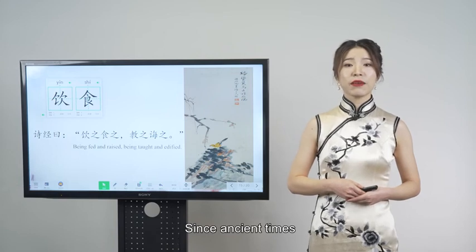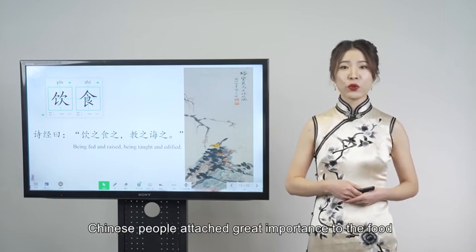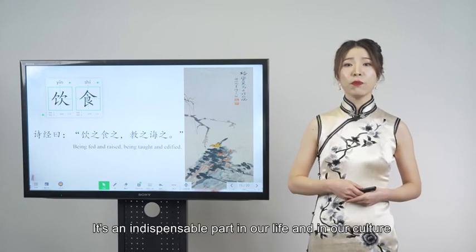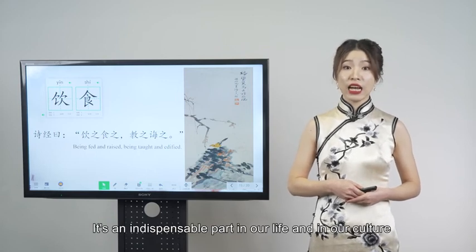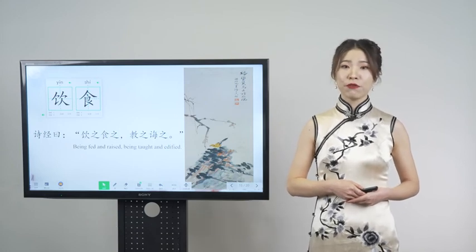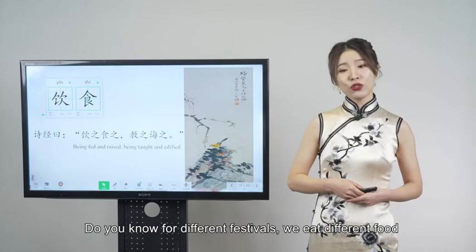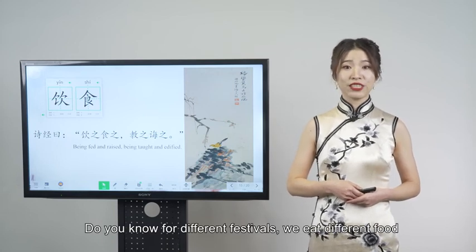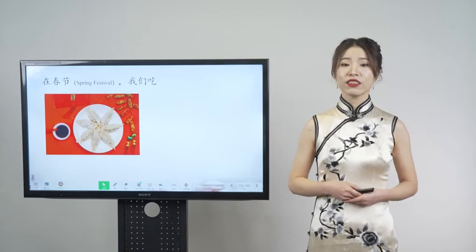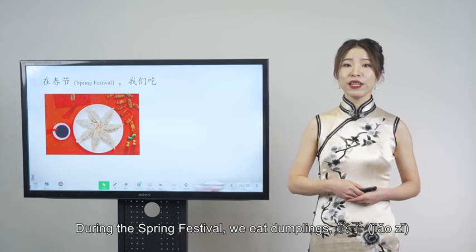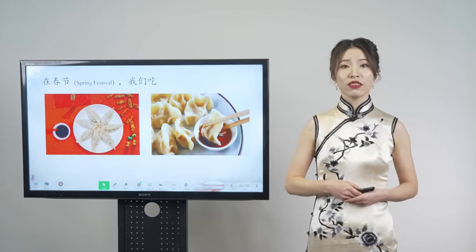Since ancient times, Chinese people have attached great importance to food. It's an indispensable part of our life and our culture. Take the 4 traditional festivals for example. Do you know that for different festivals, we eat different food? During the Spring Festival, we eat dumplings, 饺子.